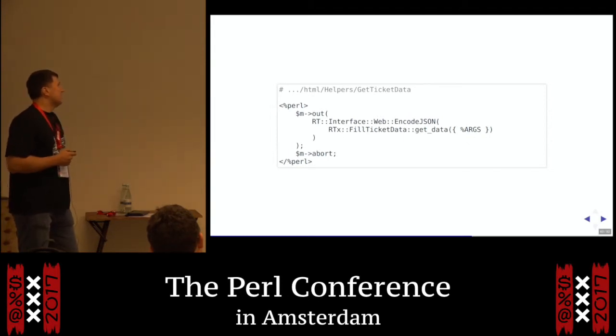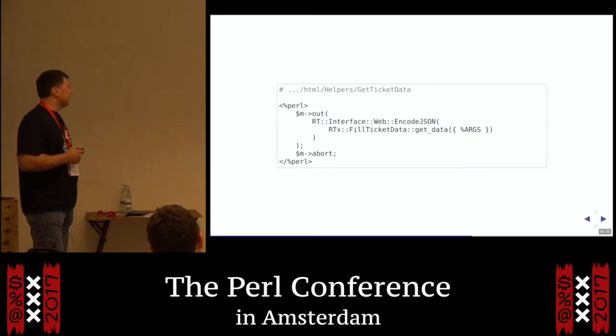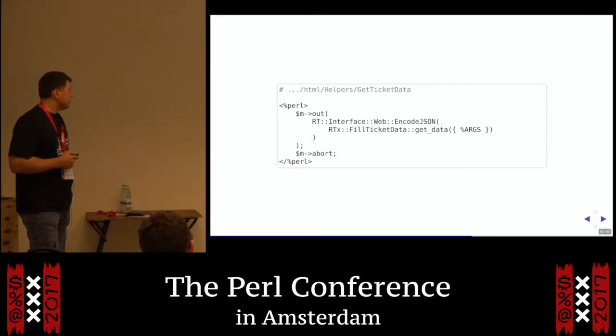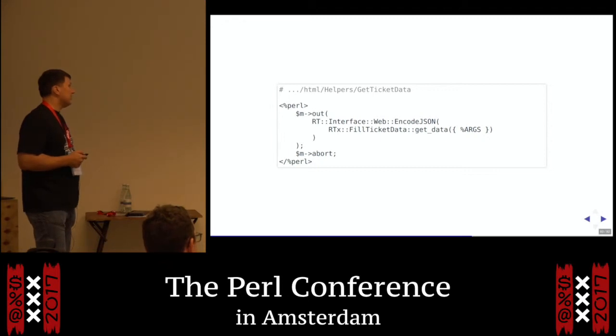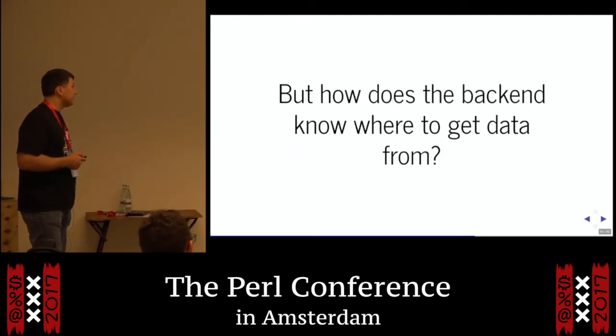Essentially, there are some places in RT where you could put such a thing, but they normally end up with HTML helpers and the name of your handler. And there is some Mason code in it, which just calls the plugin and provides all the arguments it received to it.